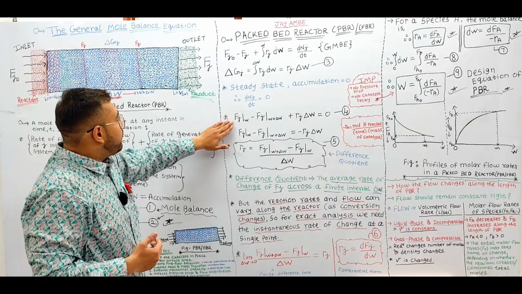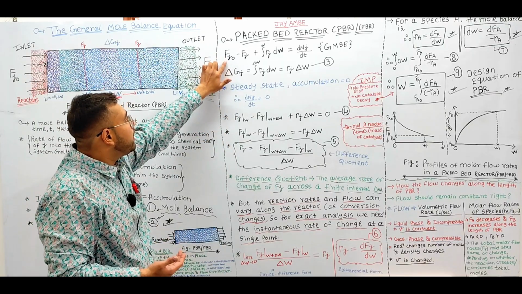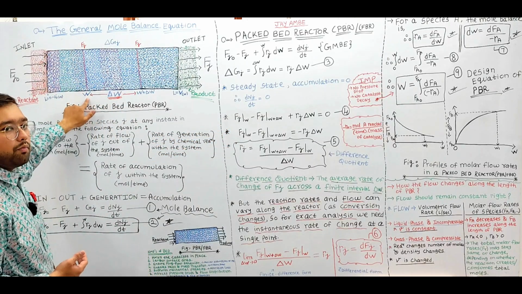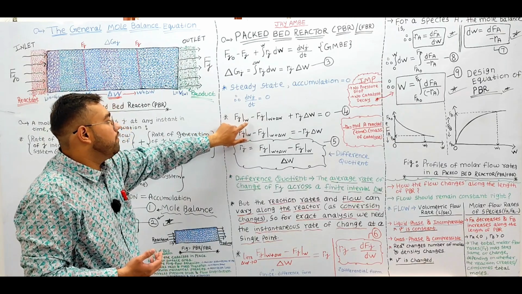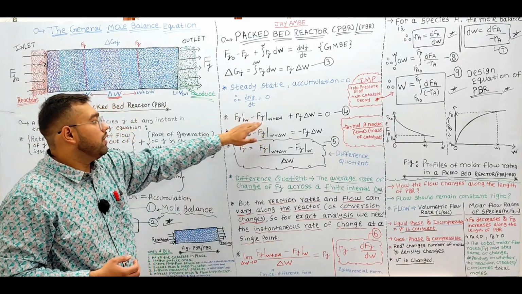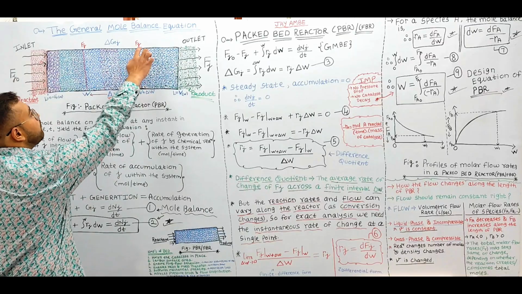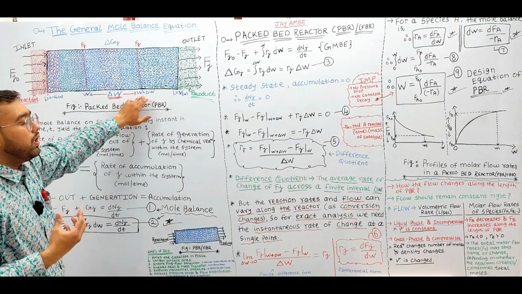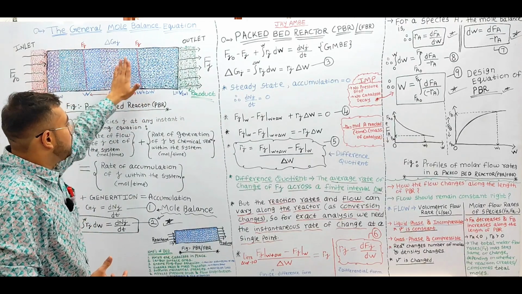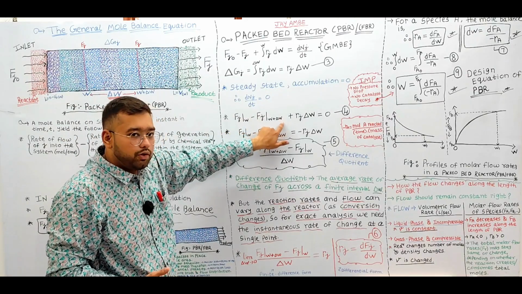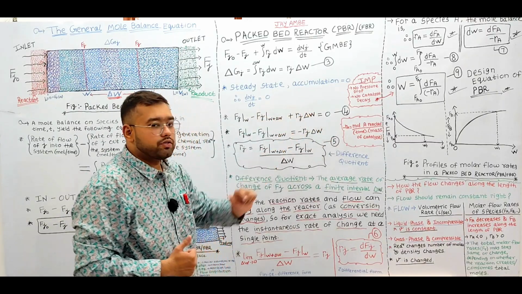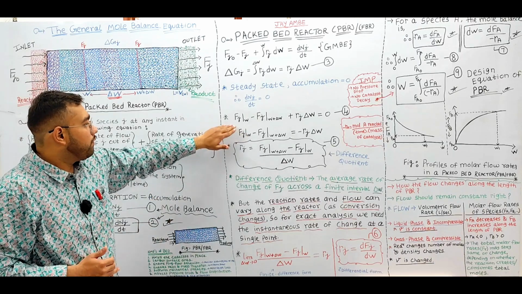In the fourth equation we write the inlet molar flow rate as Fj with respect to W, so Fj at the position where we have a certain mass of catalyst present in the bed reactor, inlet term, minus the outlet term Fj, the similar molar flow rate at the position where we have the mass of catalyst W plus delta W present in the bed reactor. So Fj at W plus delta W, plus the generation term, equal to the accumulation term.